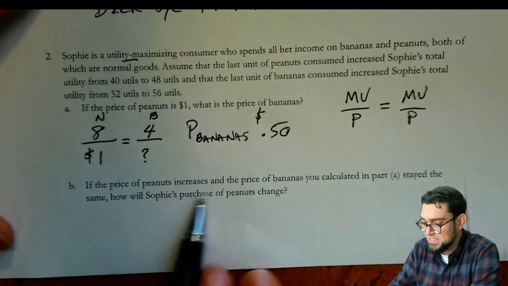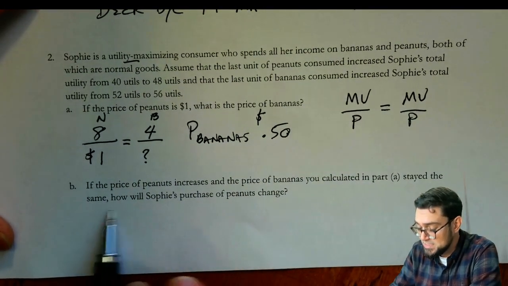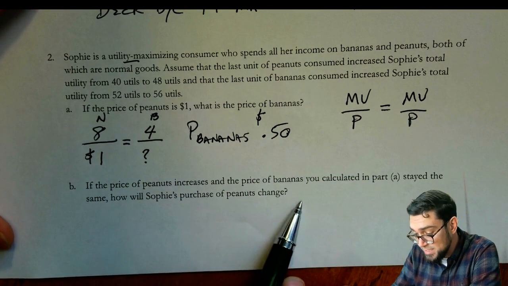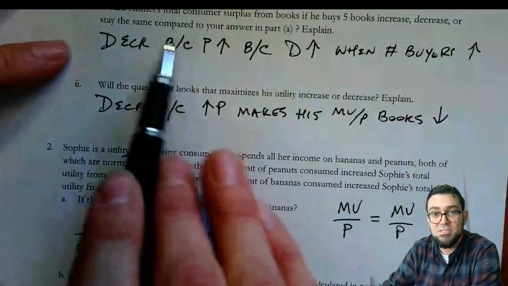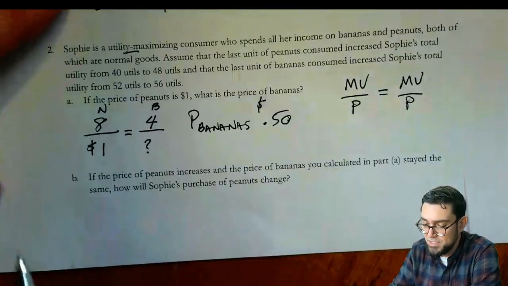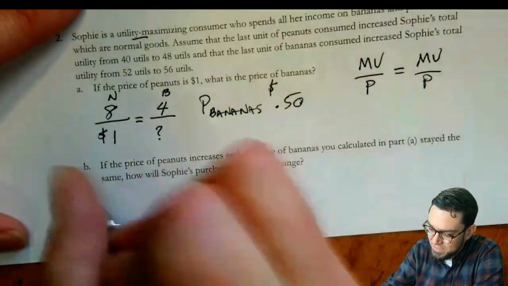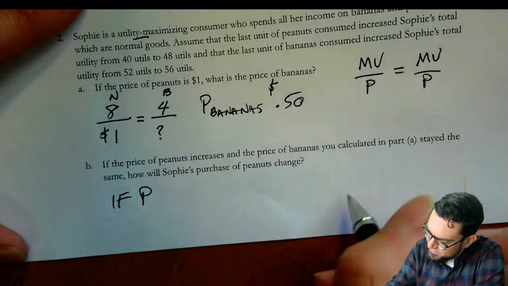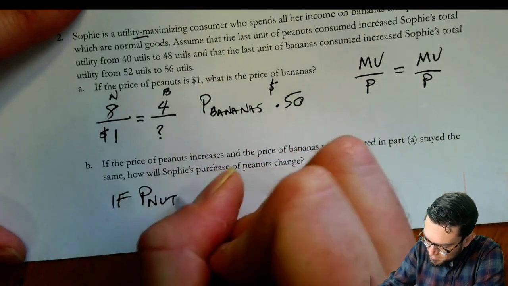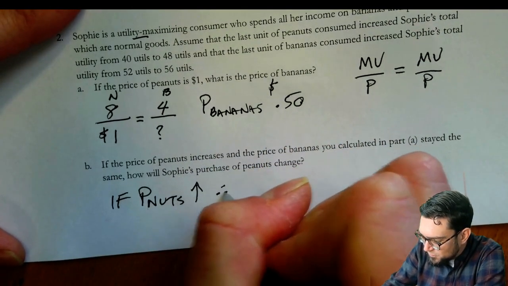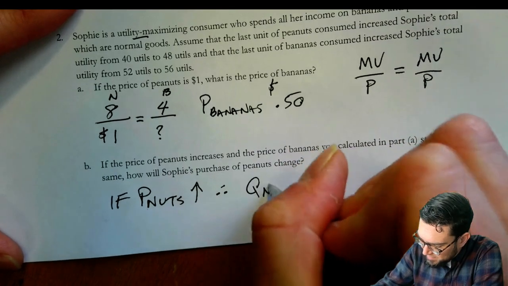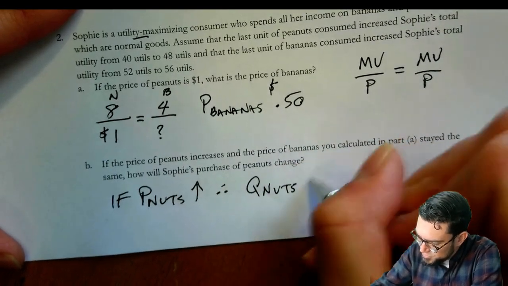If the price of the peanuts increased and the price of the bananas you calculated stayed the same, how will her purchase of peanuts change? Well, that's actually the same as the question up here about the quantity of books changing relative to the price change. If the price of peanuts increased, the quantity of nuts purchased would decrease.